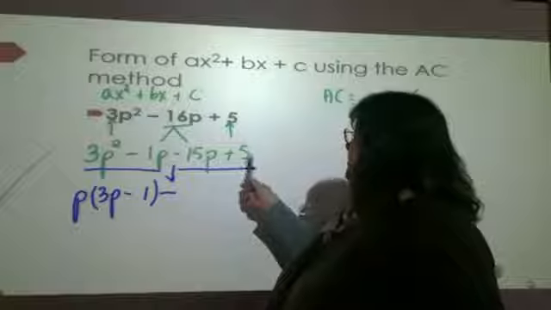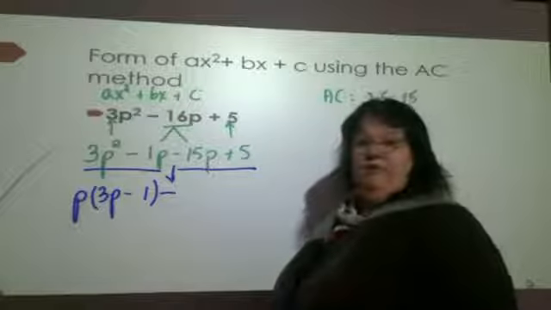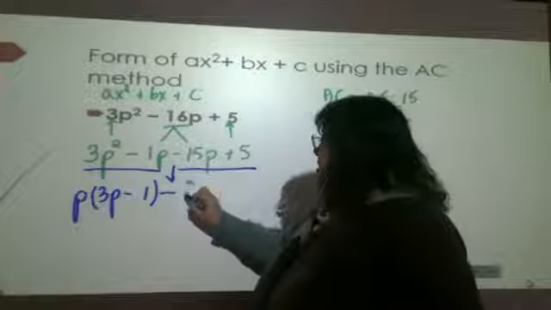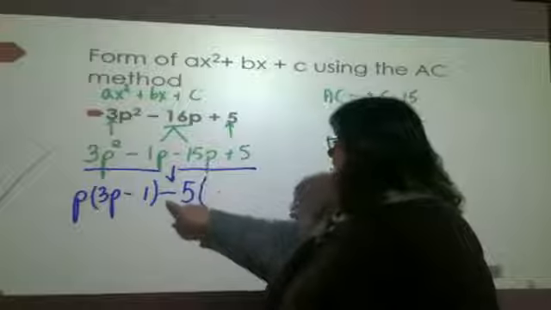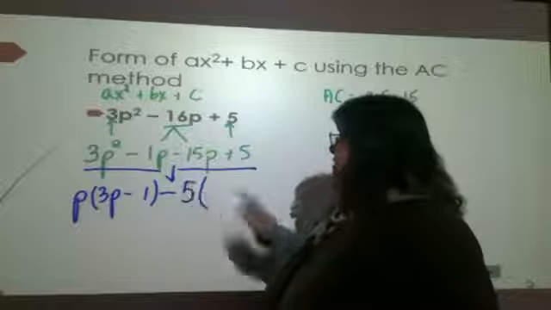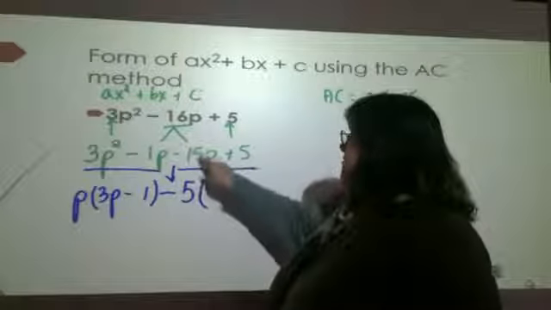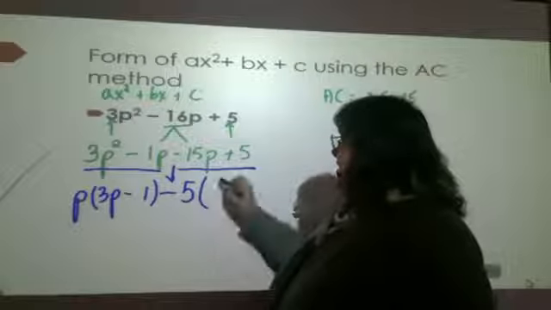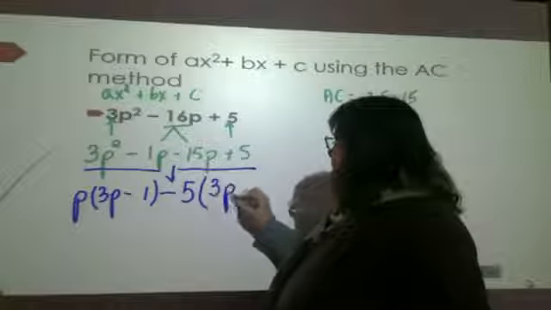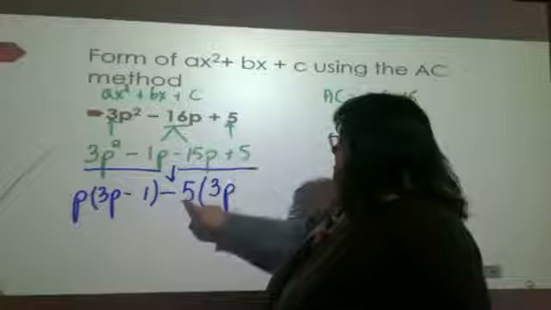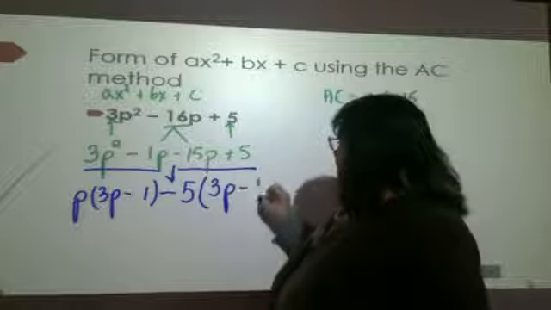When I look at 15 and 5, I see that they both have a 5 in common. So it has the effect of actually pulling out a negative 5. So if I take a negative 15 and I divide it by negative 5, I get a positive 3p. If I take a 5 divided by negative 5, I get a negative 1.